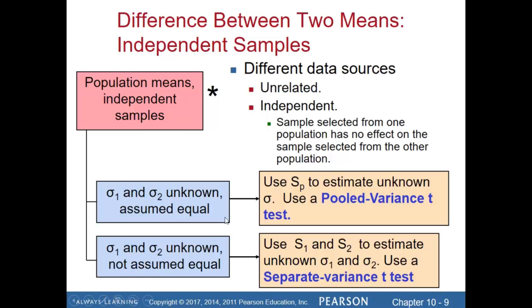Recall from our overview that even once we got into looking at independent samples with two means, there were still two possible tests that we could do, and the choice between those tests rests on whether we can assume that our population variances are equal to one another, in which case we'll do a pooled variance t-test, or not equal to one another, in which case we have to do a separate variance t-test. This video is looking at the pooled variance t-test. There'll be a separate one that looks at the separate variance t-test.